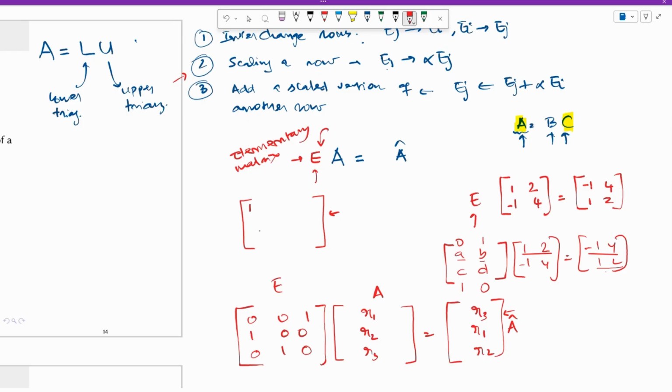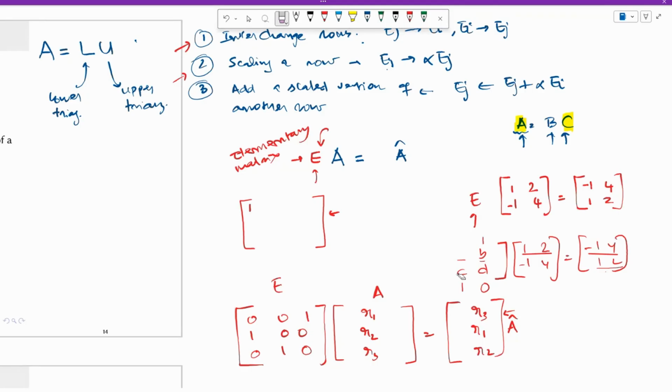The ith row will have a 0 in the diagonal element and a 1 in the jth column. Similarly, the jth row will have a 1 in the ith column and 0 everywhere else. That's your second elementary matrix.